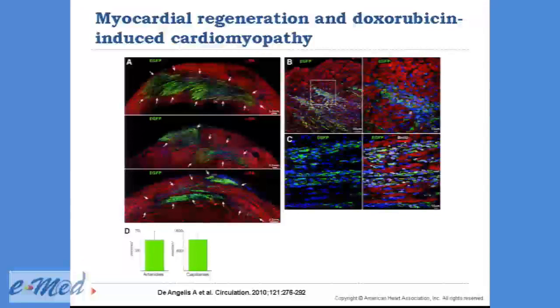And we really can see that doxorubicin, adriamycin-induced cardiomyopathy, can be salvaged by upregulating the cardiac precursor cells. So that's an option.